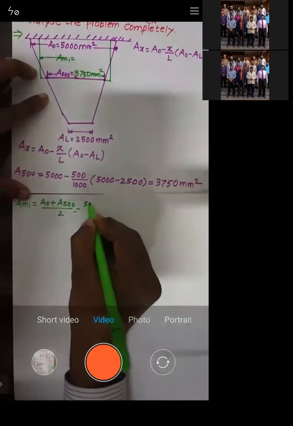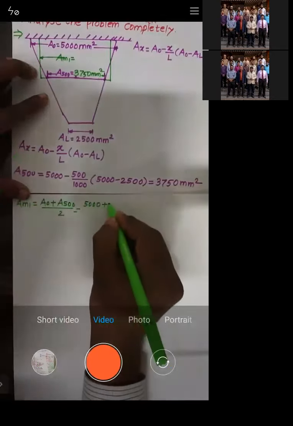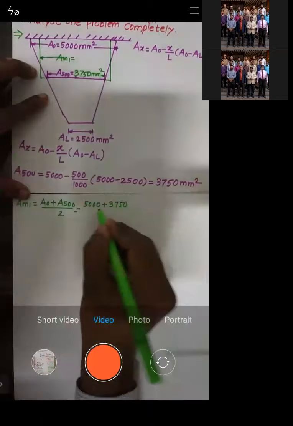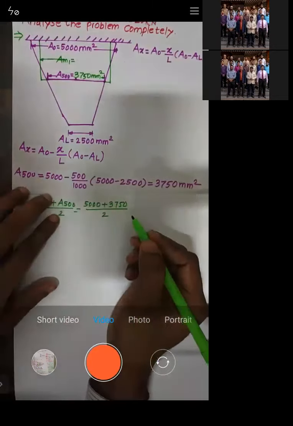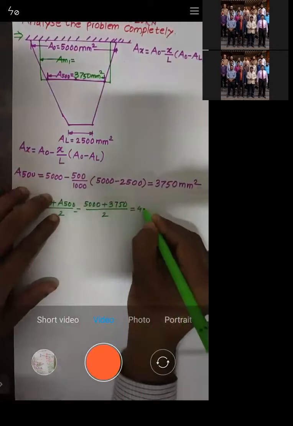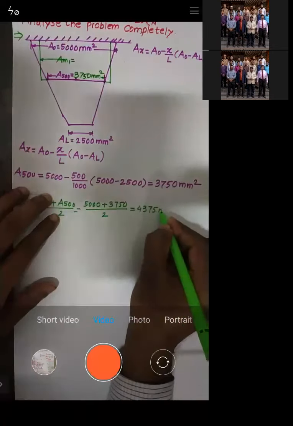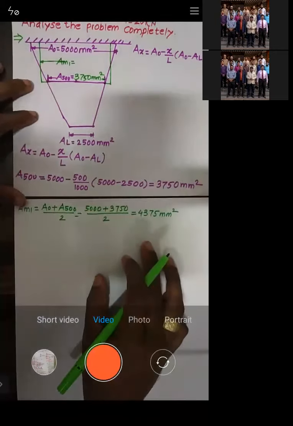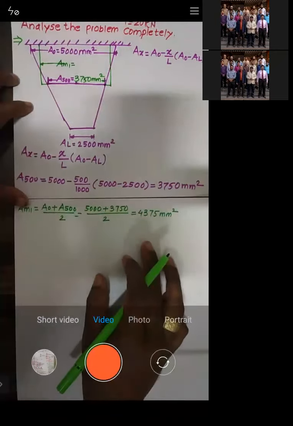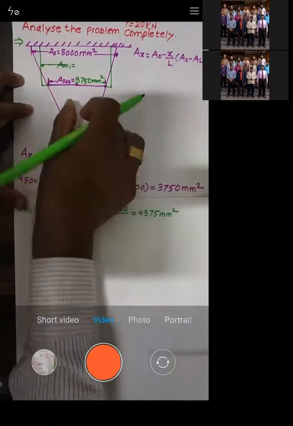So 5,000 plus 3750 divided by 2 gives 4375 mm square. So this is the value we are getting.